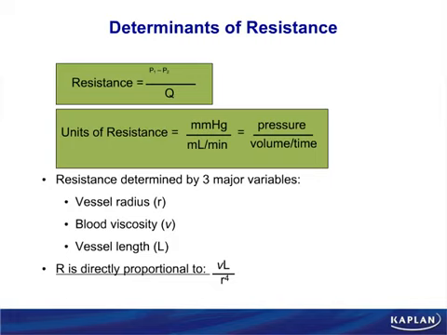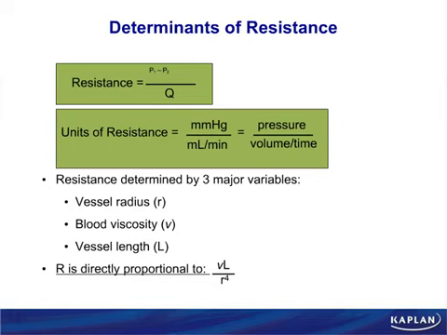Resistance is proportional to the viscosity times the length over the radius to the fourth power. The key player here is radius, because it's radius to the fourth power, and radius can change very rapidly.